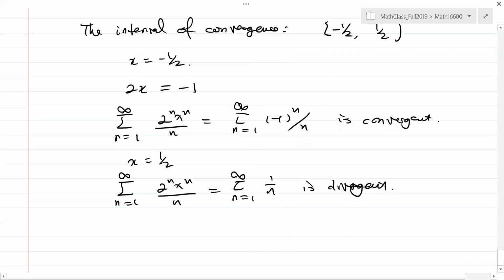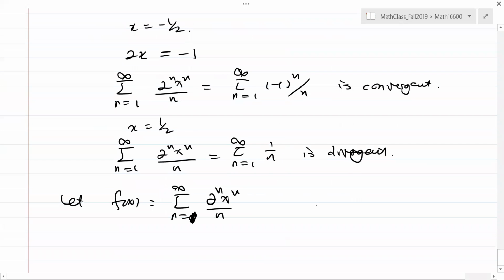Now, is it an elementary function or not? We defined a power series, right? So we let f of x equal this series for x in the open interval, because we don't care about the endpoints. Is it elementary?